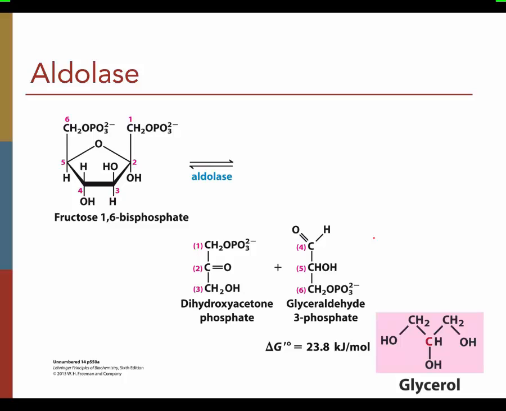So aldolase will take us from, again, I don't know why the textbook likes to draw them in ring form. I find that a little bit less useful. But aldolase is the enzyme that takes us from the hexose stage to the triose stage, because it's going to split the fructose 1,6-bisphosphate. I remember where my hydroxyl groups are.